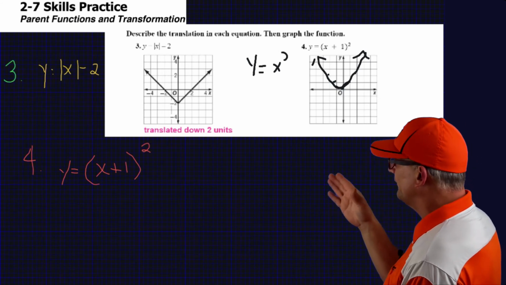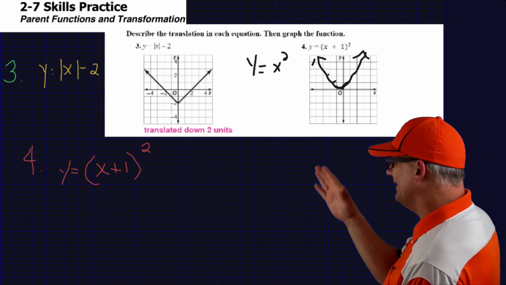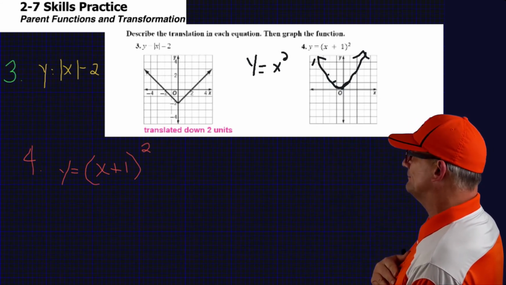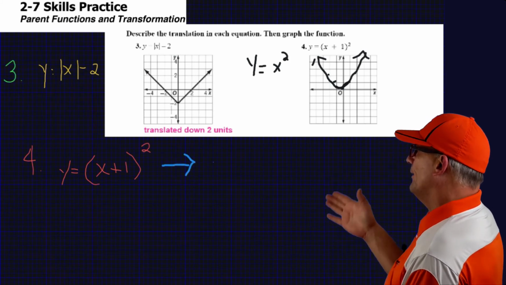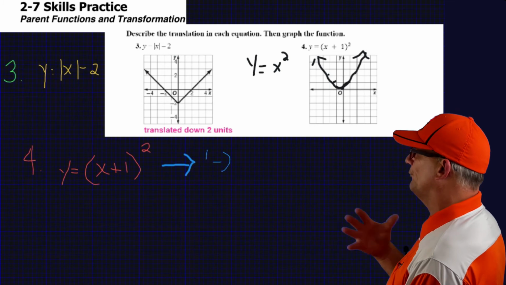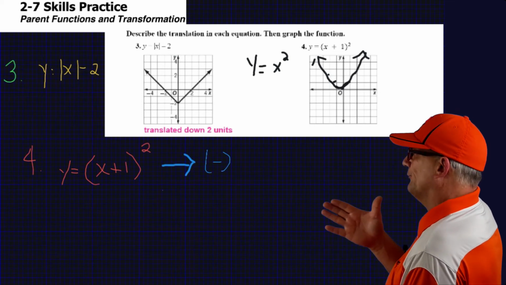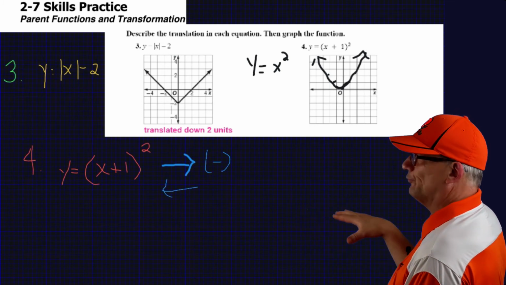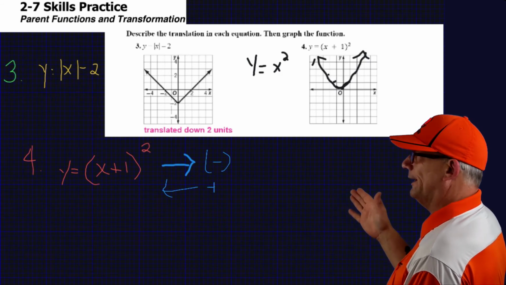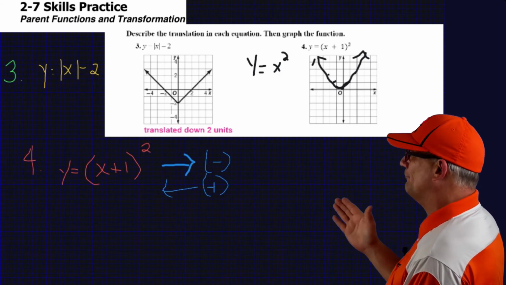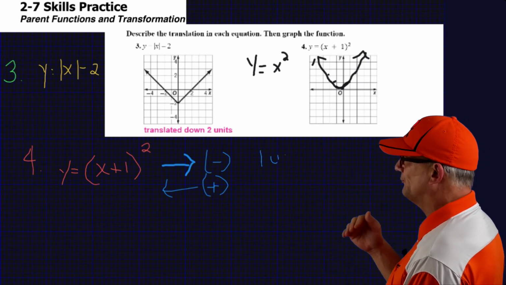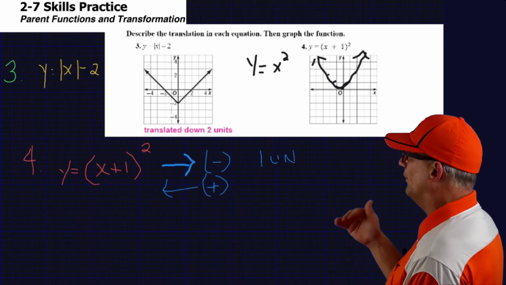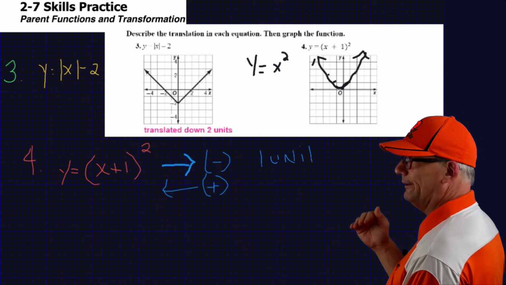So what does the +1 in the parentheses do to that function? Now, what we have to pay attention now is, you see the +1, and of course we want to say, okay, +1, for some reason to us that means right. We want to move it right. But it's just the opposite. Think about it. If we were to solve x + 1 = 0, we'd subtract 1 from both sides, and x would be -1.